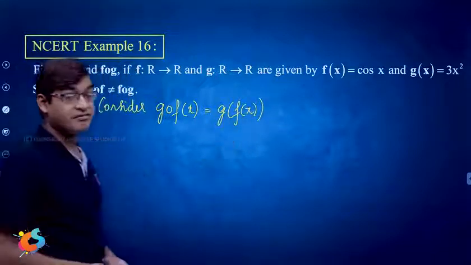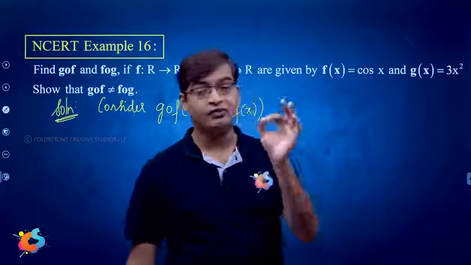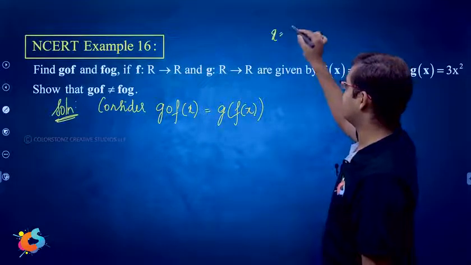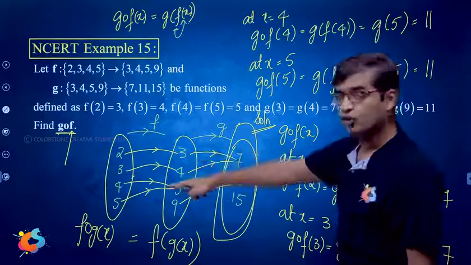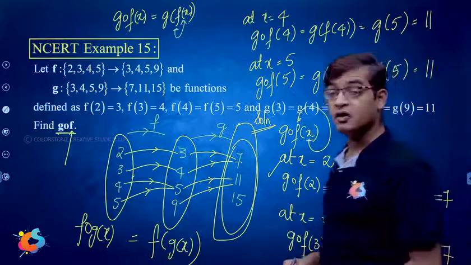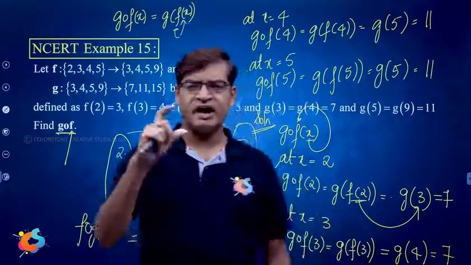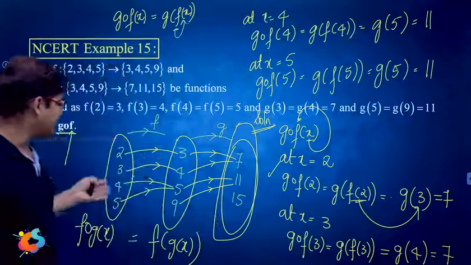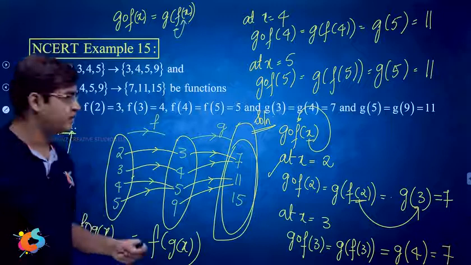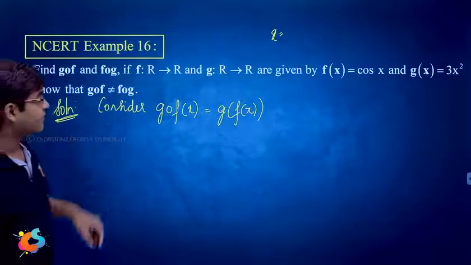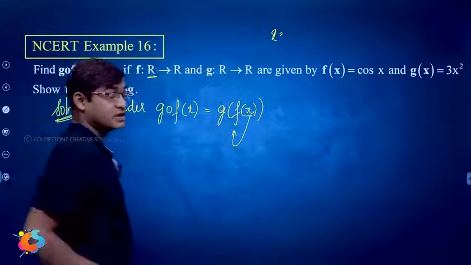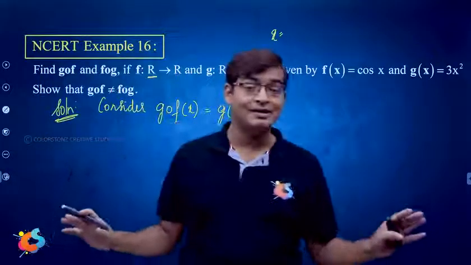Just before, we did a problem where we wanted to find a function and we had different values of x: 2, 3, 4 and 5, because these x should come from the domain of the inside function. That was a finite number of values, just four values. But here we have x coming from the domain of the inside function, and that is all real numbers. Infinitely many real numbers are there.